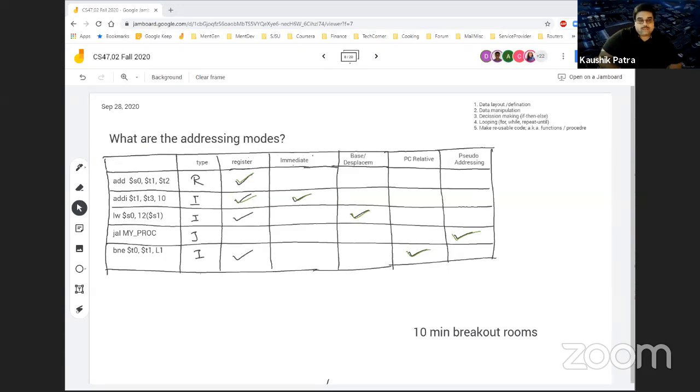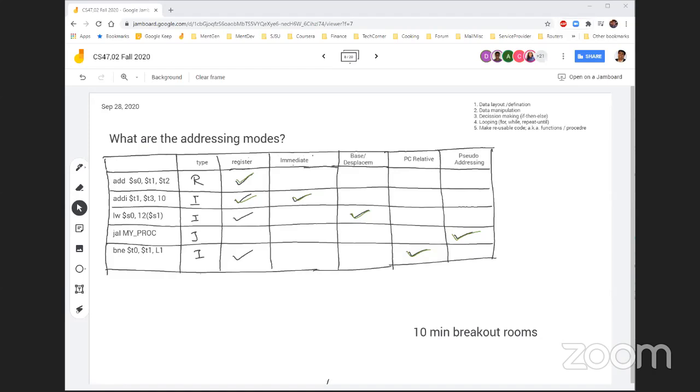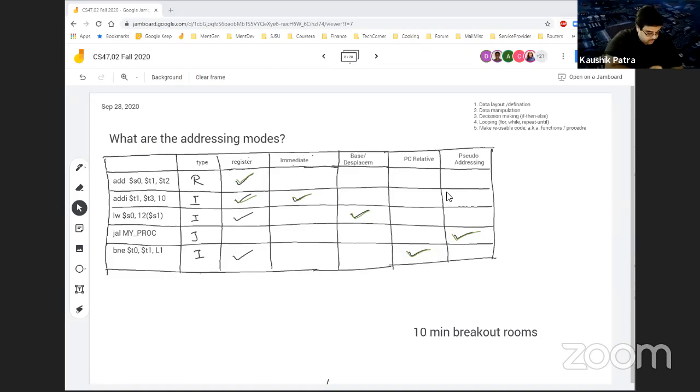So basically what I'm saying is this: the first one is no problem, because it is all about register addressing. You see that this register is read and T2 is also read, then they are summed up and stored back onto the register. So that's all about register.